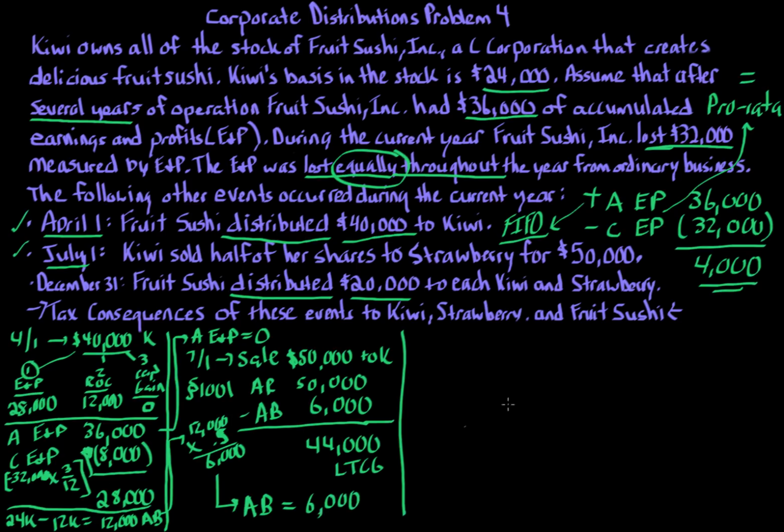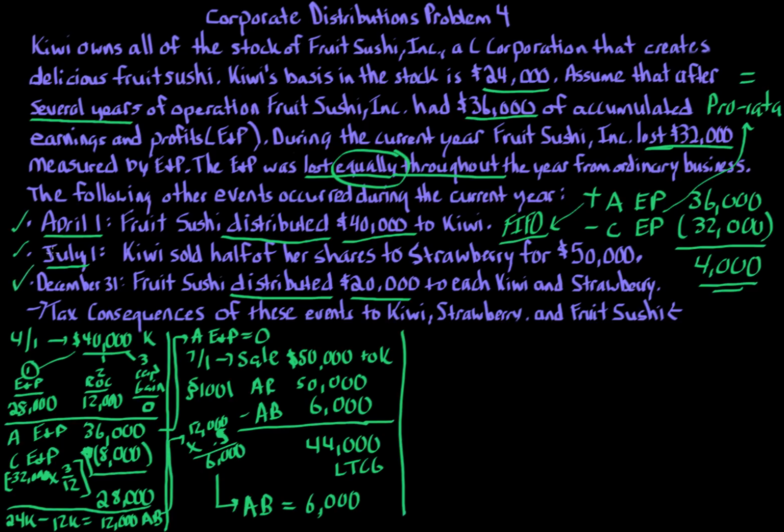The basis to Strawberry of the half of the shares is what's purchased under Section 1012, which is $50,000. So that is the tax consequences for July 1st. Kiwi has $44,000 long-term capital gain, and the basis remaining in the half shares is 6,000. Okay, so now we are finished with July 1st.